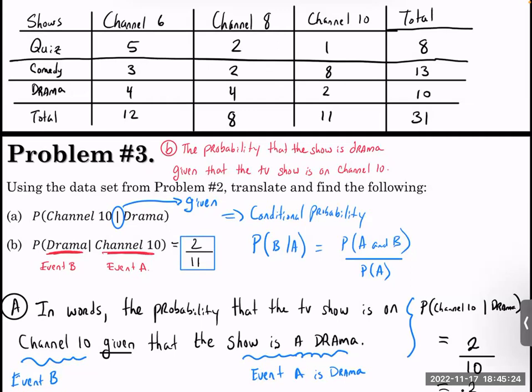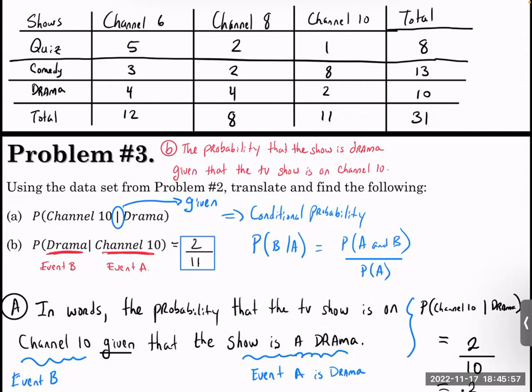I'll come to the board here. It says that it was channel 10 given drama, right? So how many shows were drama? There were 10 of them. But how many of them were on channel 10? Out of these 10 drama shows, how many of them are on channel 10?